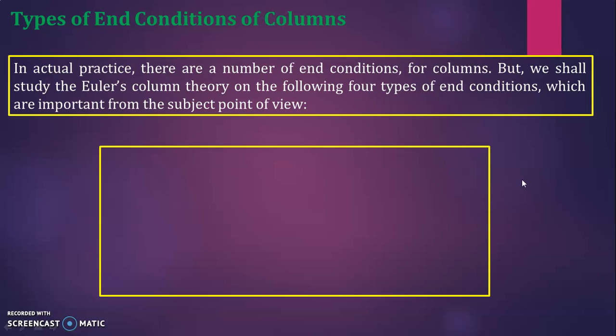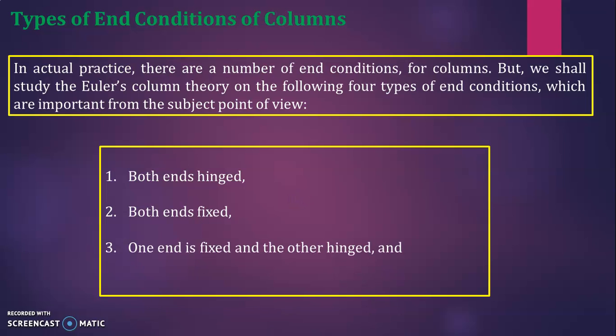Next, types of end conditions of the column. In actual practice, there are a number of end conditions for columns, but we shall study Euler's column theory on the following 4 types of end conditions, which are important from the subject point of view. First, both ends hinged. Second, both ends fixed. Third, one end fixed and the other hinged.